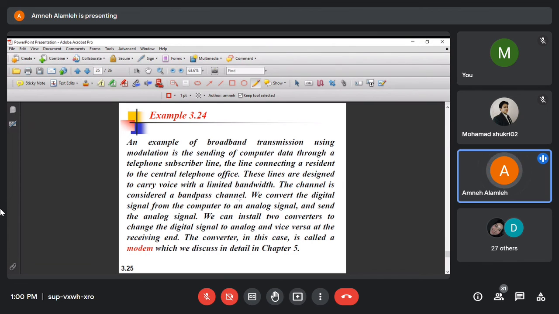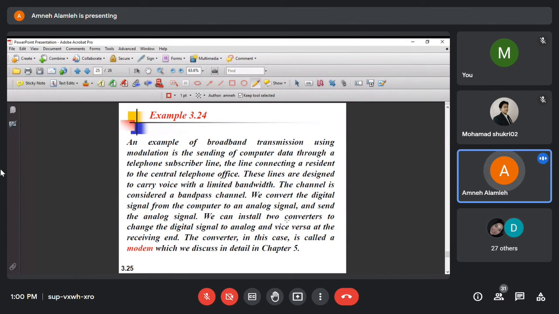So the digital signal of the computer goes to a converter from digital to analog, goes through the line as analog, then at the receiver station is converted again from analog to digital, and the receiver computer can receive it. So we convert the digital signal from the computer to an analog signal and send the analog signal.